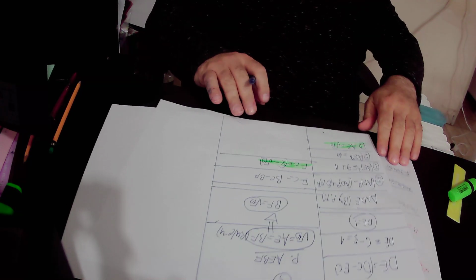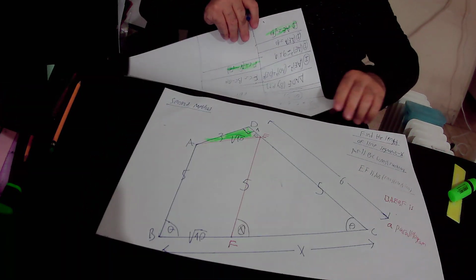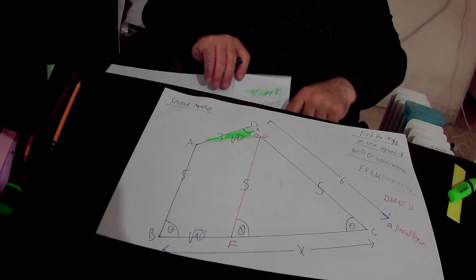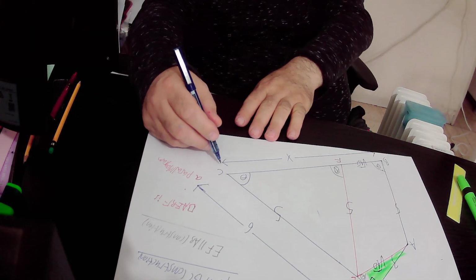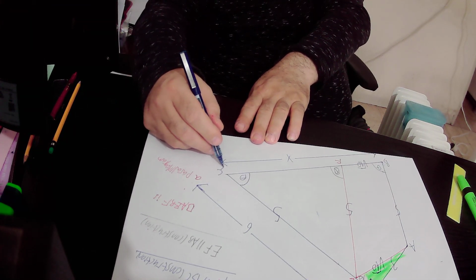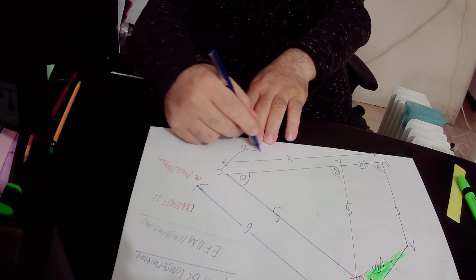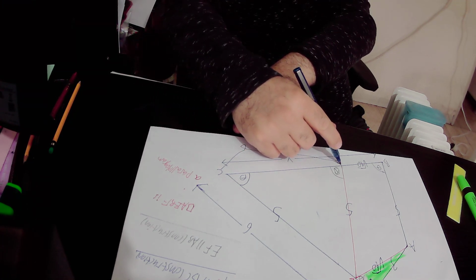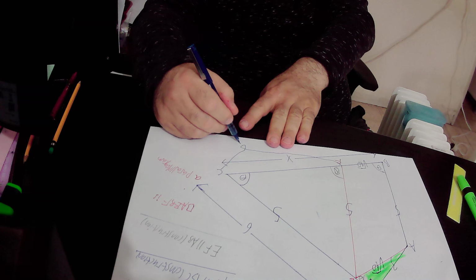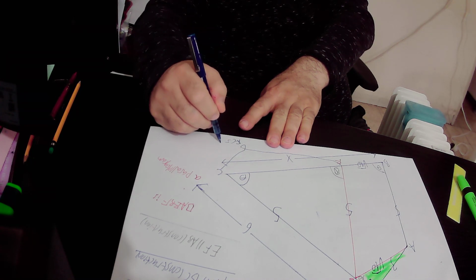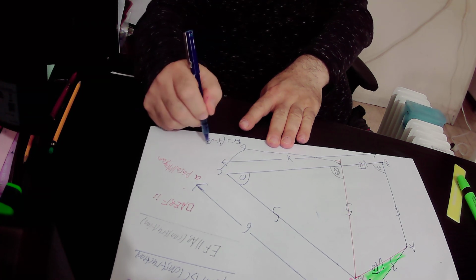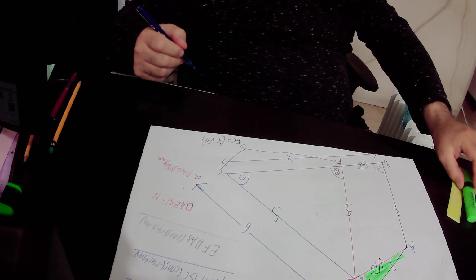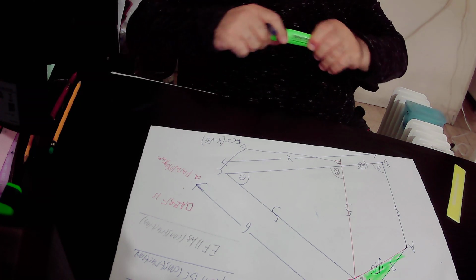So we can write here that FC equals X minus the square root of 10 units. Okay.